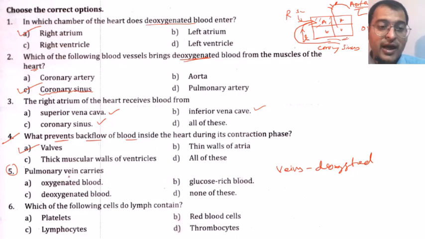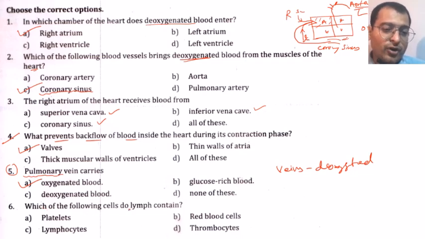They will carry the oxygenated blood from the lungs to the heart. Similarly, the pulmonary artery will carry the deoxygenated blood from the heart to the lungs. Wherever we see the word pulmonary, it will be the opposite.